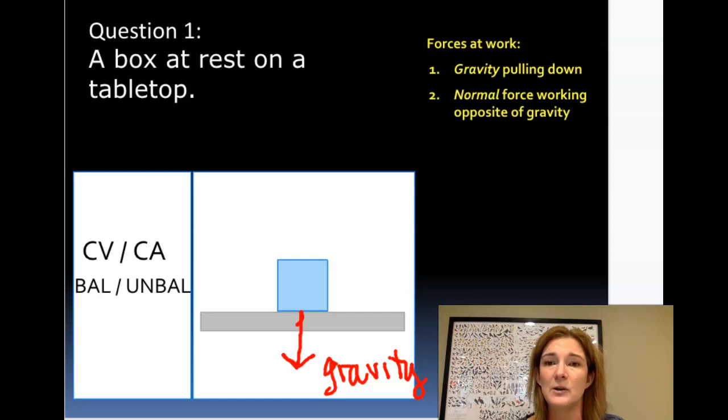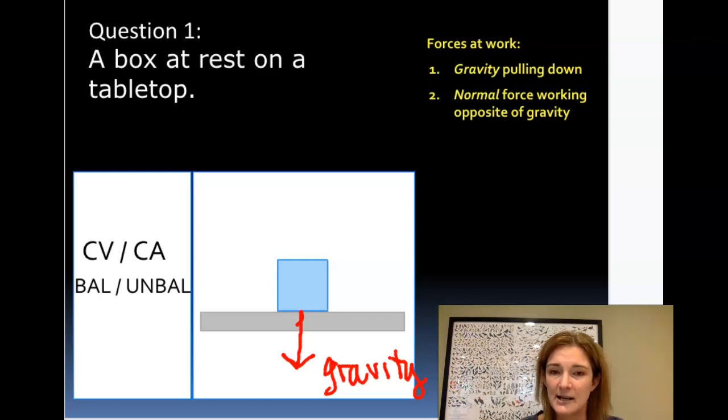So there must be something working opposite of gravity, and we call that force the normal force, which is sort of a strange name. Normal force is working opposite of gravity. We know this is true because if there was no normal force and only gravity was acting on this box, it would accelerate down into the center of the planet, right? There has to be something acting against it.